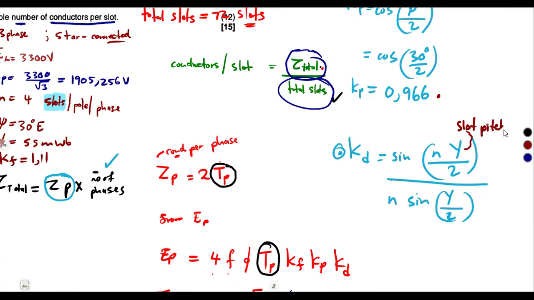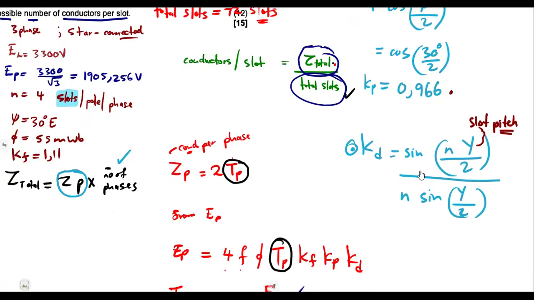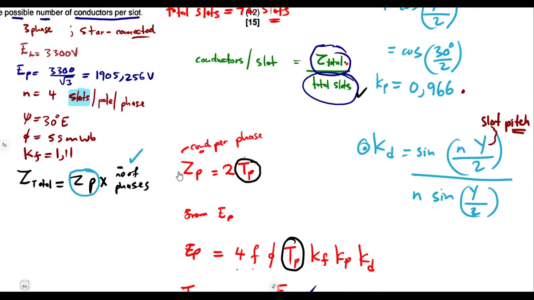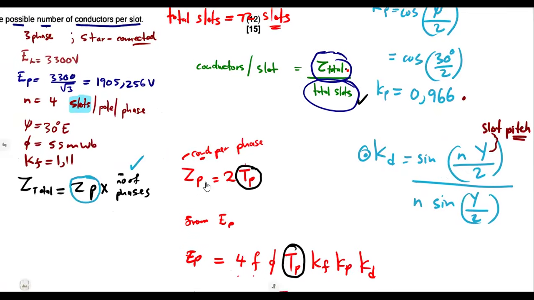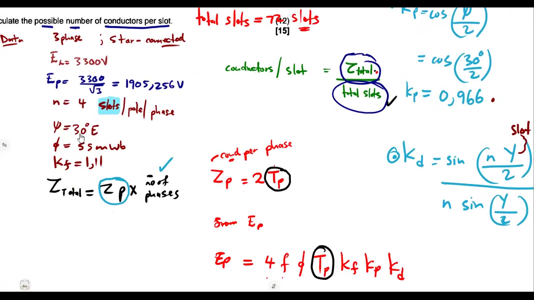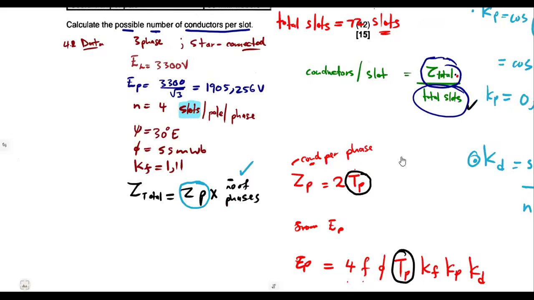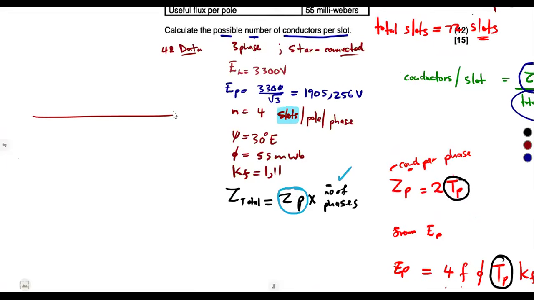So where can we get the slot pitch? This is taken from a formula. You use the concept of the pole pitch out of 180 electrical degrees.